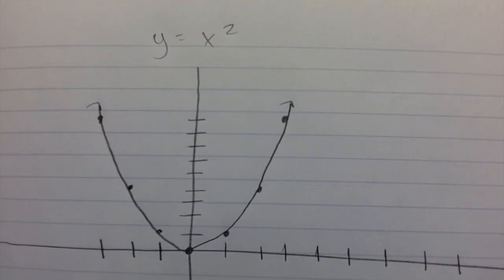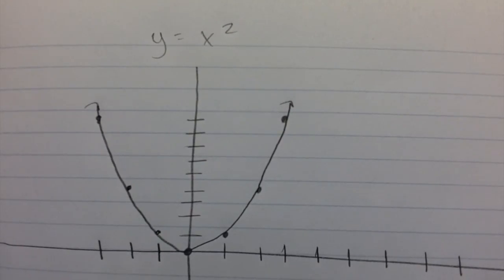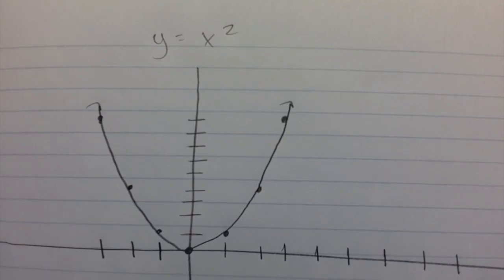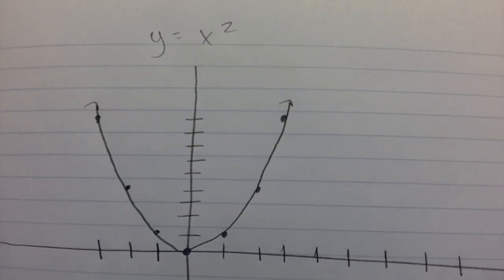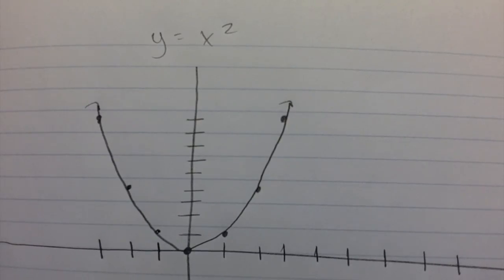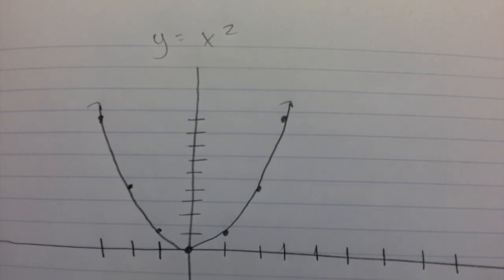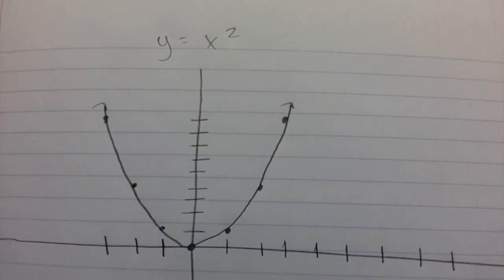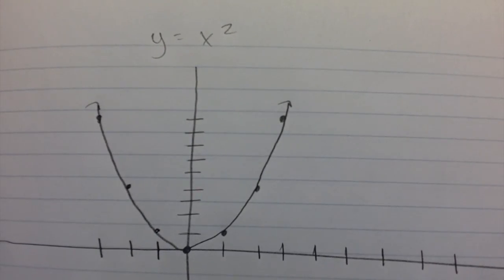So you can plug in every x value you want, but you can't get any y value you want. This graph shows that the range is only numbers 0 or greater, and the domain is still all real numbers, because you can plug in any x but you can't get negative y's.